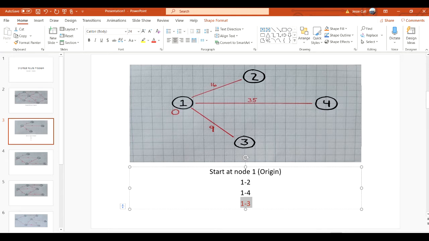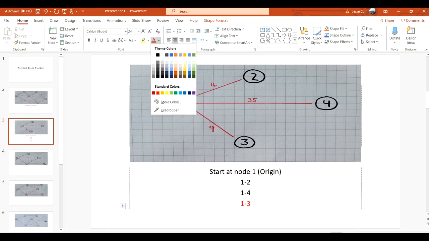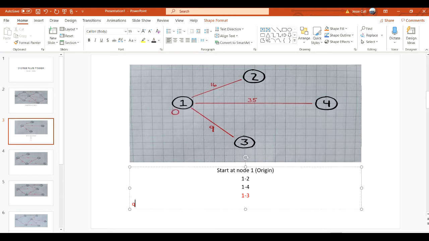So what we have here is a table with permanent set, branch, and time.